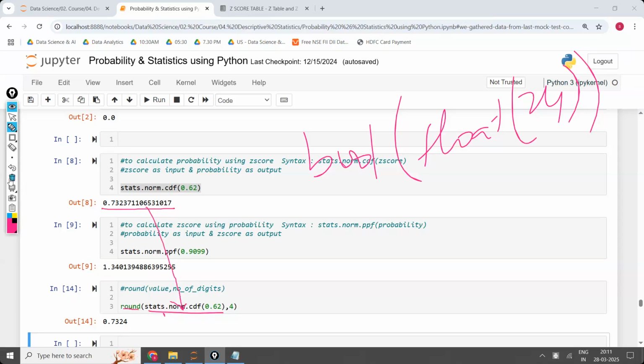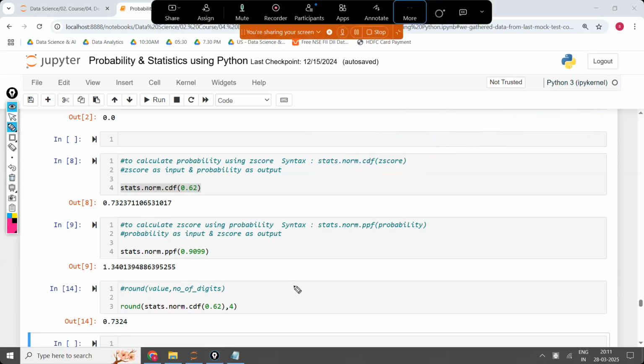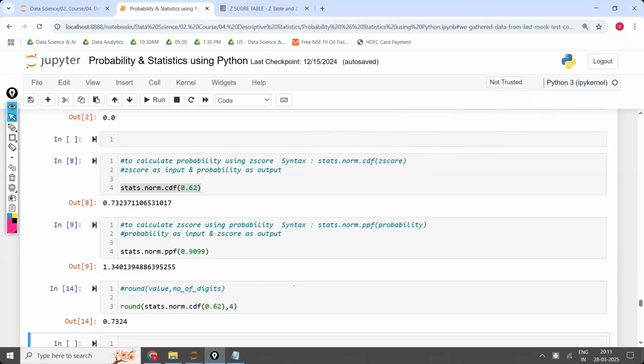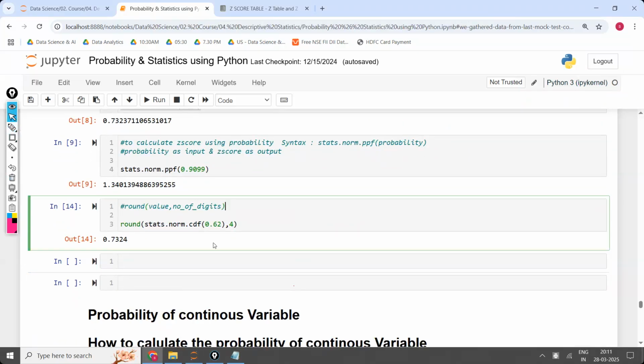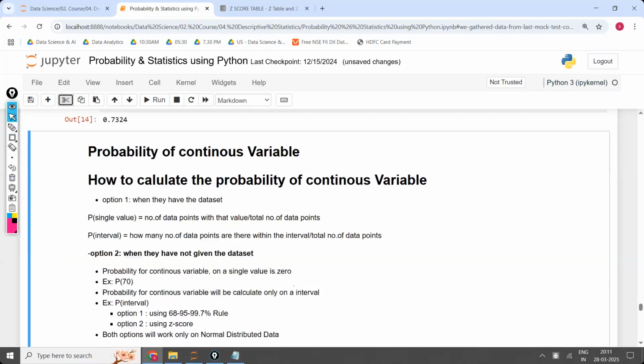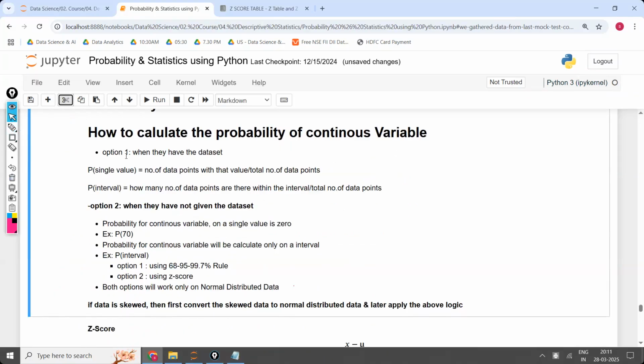Right? Now, next, let's move on to this. Here, in terms of probability, how to calculate the probability of a continuous variable? Option 1: when the data set is given, directly you calculate the probability in this way. Option 2: when the data set is not given, you apply either the 68, 95, 99.7 rule or the z-score.